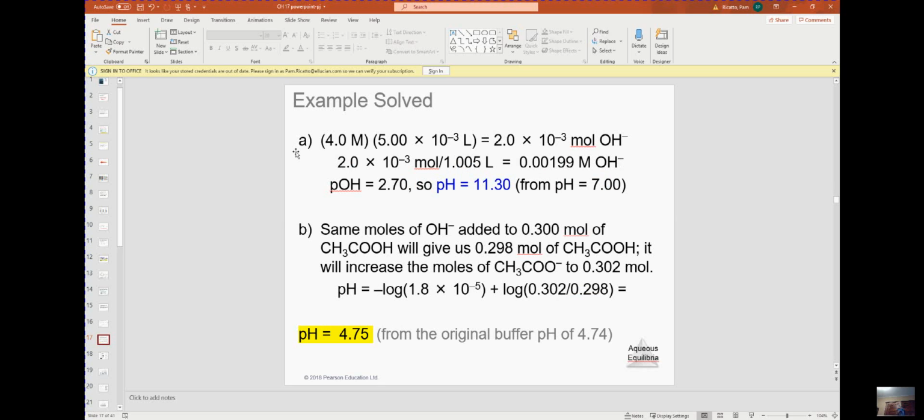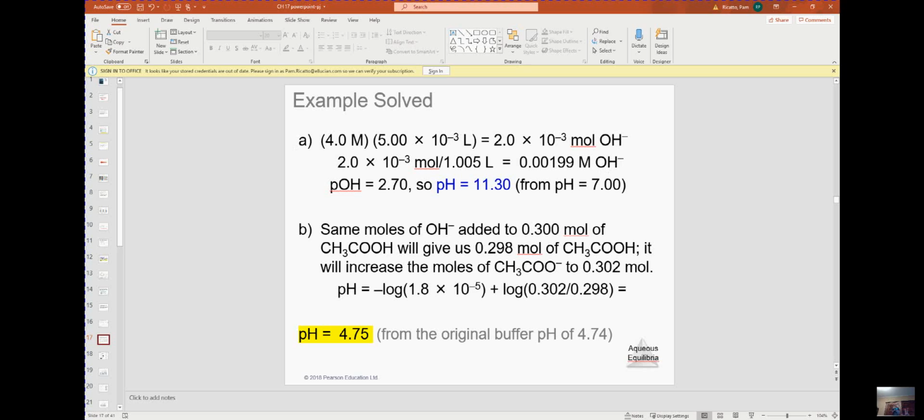So, in this one over here, to do it for the water, all I have to do is calculate what the concentration of sodium hydroxide is in the solution. Okay, so let me get my tool and then show you how to do it.